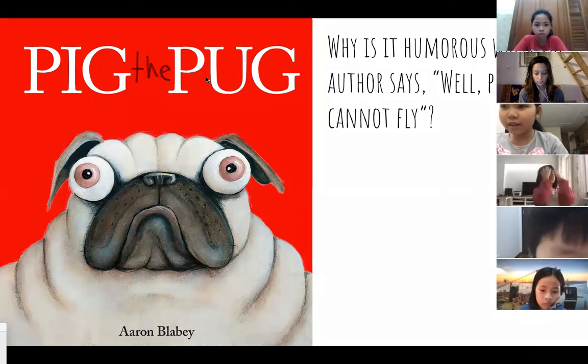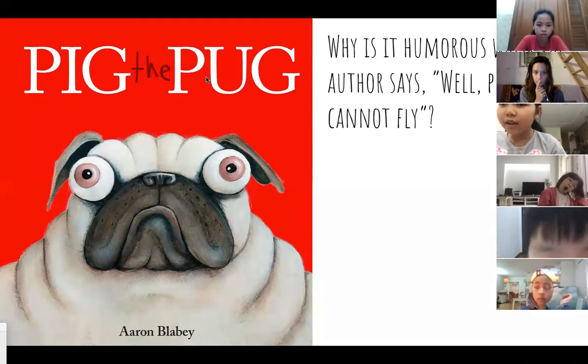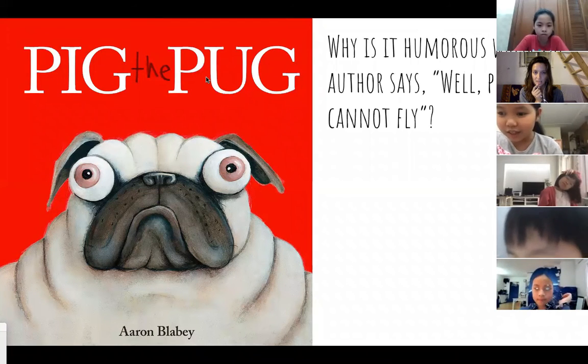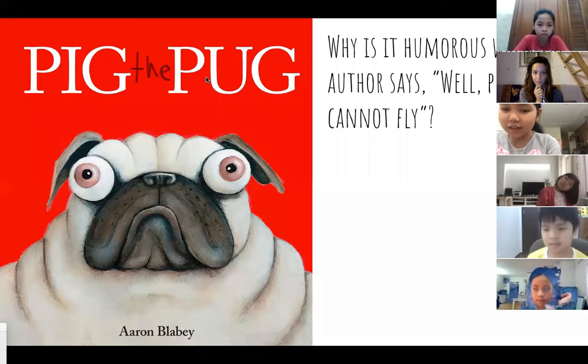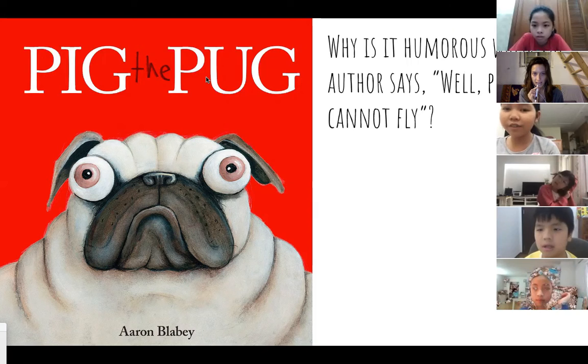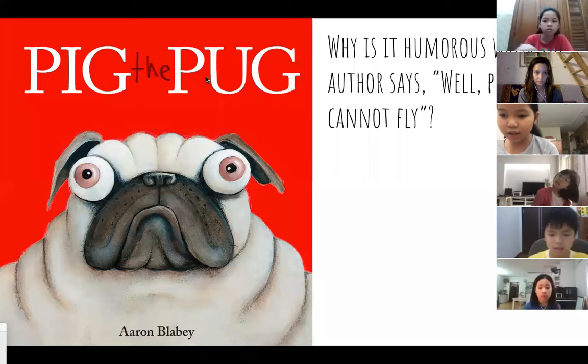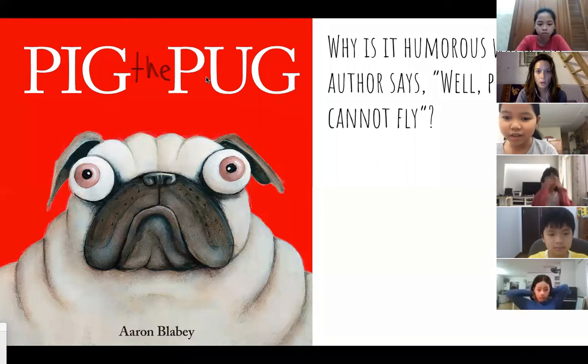I think the author said, well, pugs cannot fly, because pugs don't have wings, and the pug fell out of the window and then he cannot hold on to the windowsill. So that's one part of it.